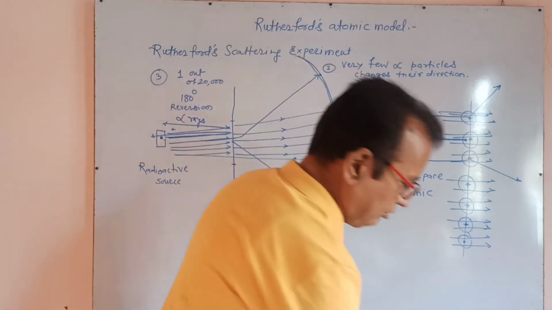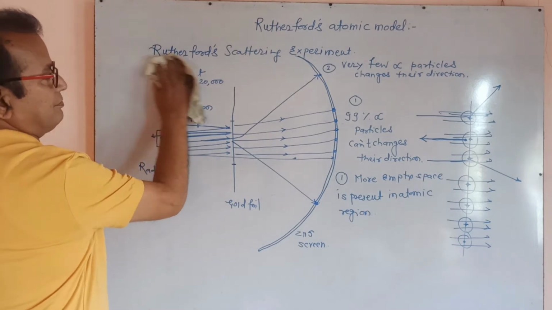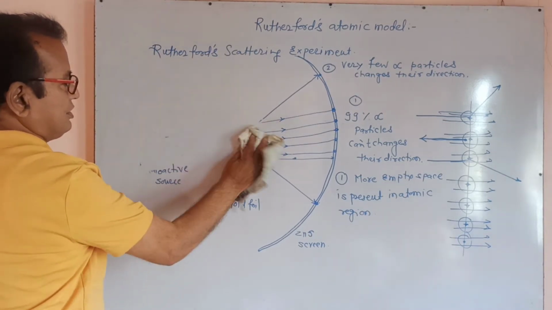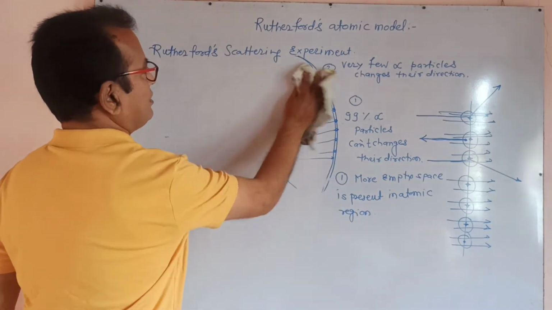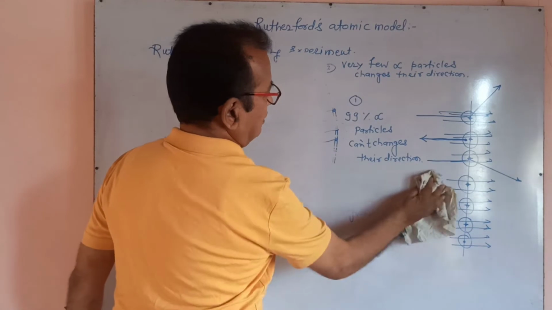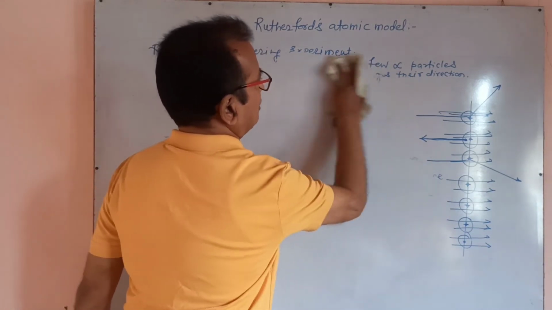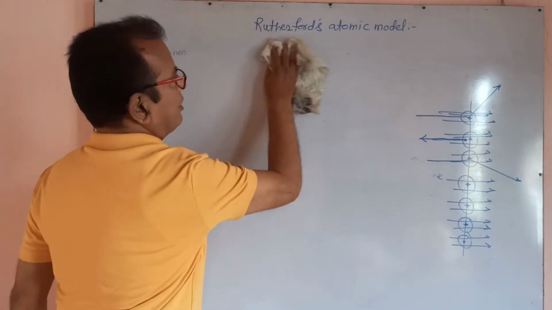I will write the conclusion after deleting such type of figure. We are going towards the conclusion. The experimental part is over. After the experimental part, this is the skeleton diagram of that part.